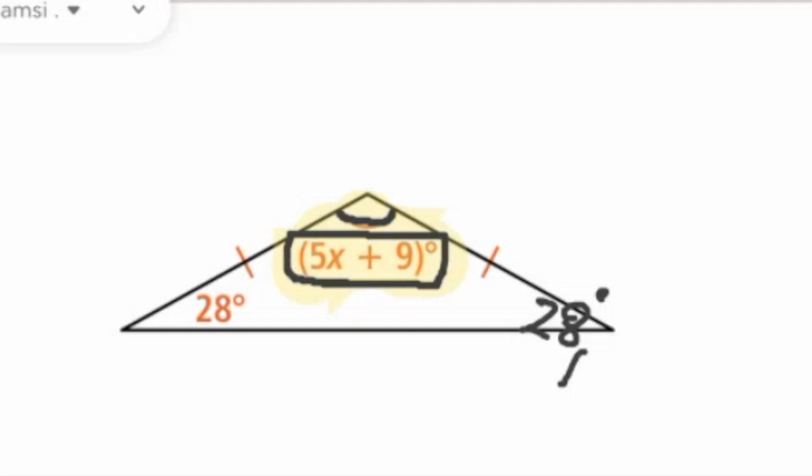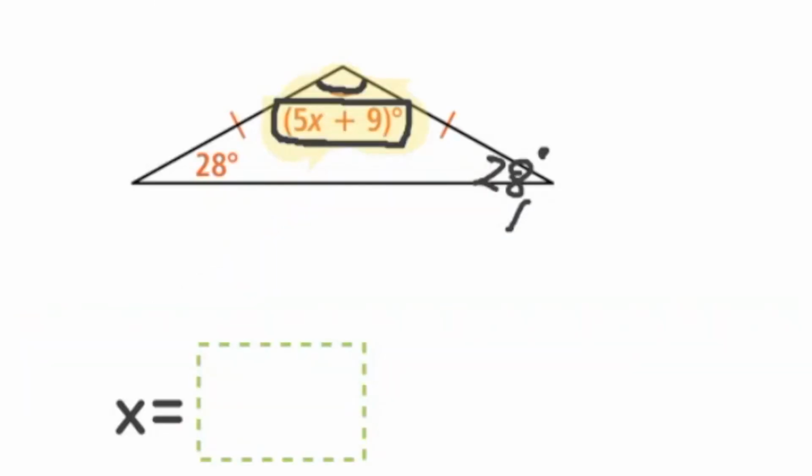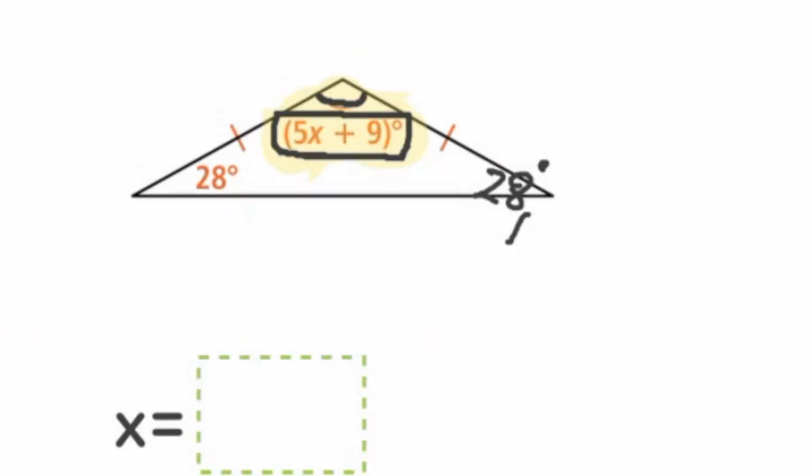So how can we find the value of x? Who can tell us? First we do 5x plus 9 equals 28. Then we solve the equation by subtracting 9 on both sides. Wait, I know. We put 5x plus 9 equals 28. Is that what you said? Yes, yes. Why? Because they are isosceles and they are congruent. Only two angles are congruent.